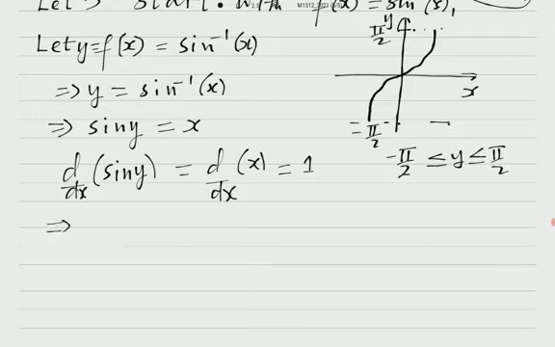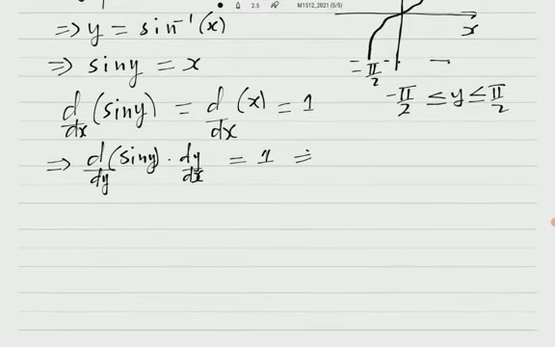On the left, be aware that we are differentiating with respect to x, but we have a function of y. We need to apply chain rule here. So we have d dy of sine y, then we need to multiply that by dy dx. That's the chain rule. And then we still have the right hand side equal to 1.